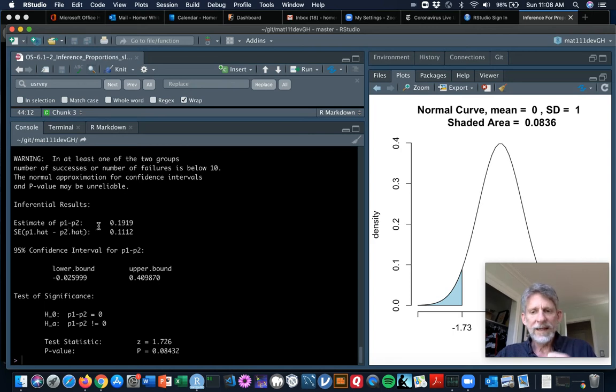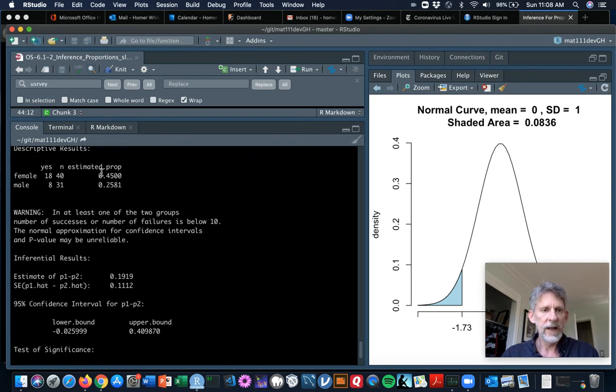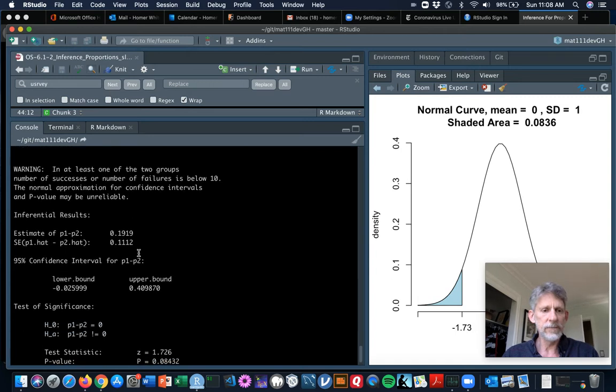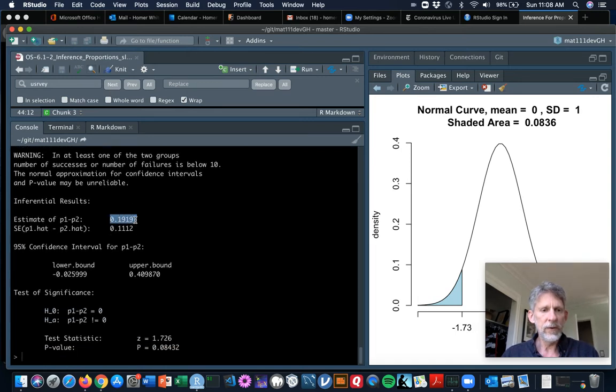What's our best guess at the value for P1 minus P2? Well, we would just take the P1 hat and the P2 hat, the two sample proportions, the 45% and the 25% up here, and we subtract them, and you get 19.19%. Our single best guess is that females are more likely to believe in love at first sight than males by a margin of 19.19%, but that's just a point estimate. And it's subject to all of the chance variation that comes when you sample.